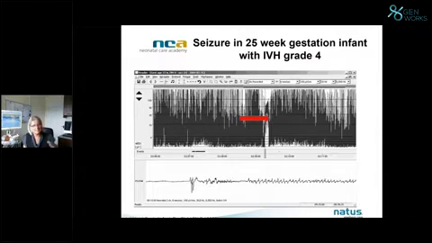As you see here, this baby developed this short seizure, and it's seen in the AEEG trace as a very abrupt and transient rise in the lower margin and a spike up at the top. And you can see at the bottom also the raw EEG.